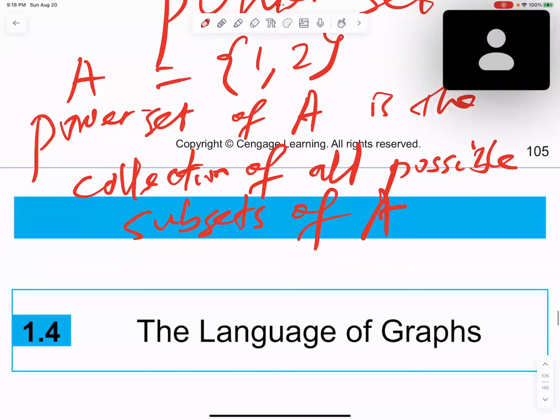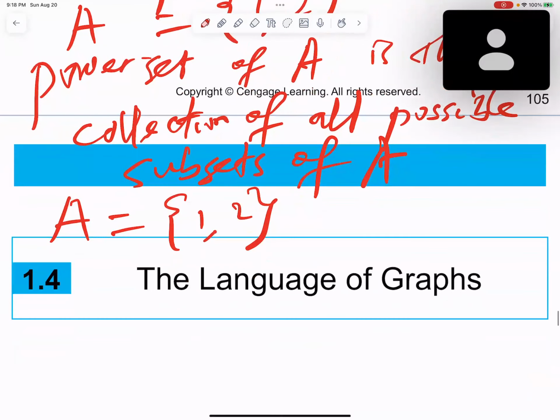This is very important. If you have the original set to be 1 and 2, what are the possible subsets of A? You can have the empty set as one of the subsets, because every set has the empty set as one of its subsets.